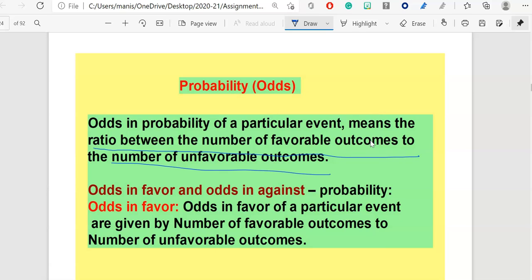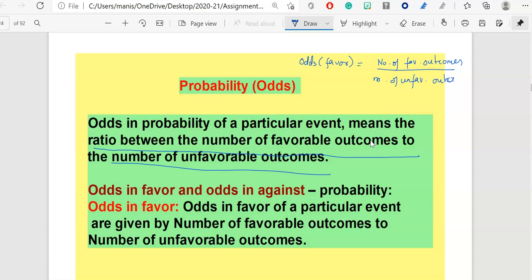Odds in favor of a particular event are given by the number of favorable outcomes to the number of unfavorable outcomes. So my formula will be like this: odds in favor of any outcome is a ratio of the number of favorable outcomes over the number of unfavorable outcomes.